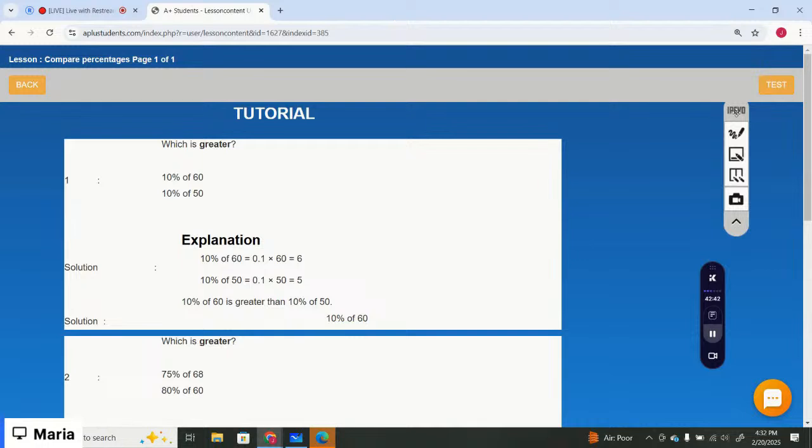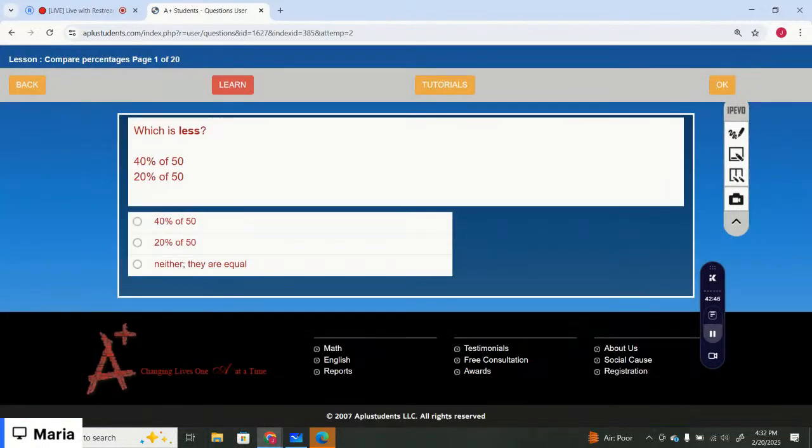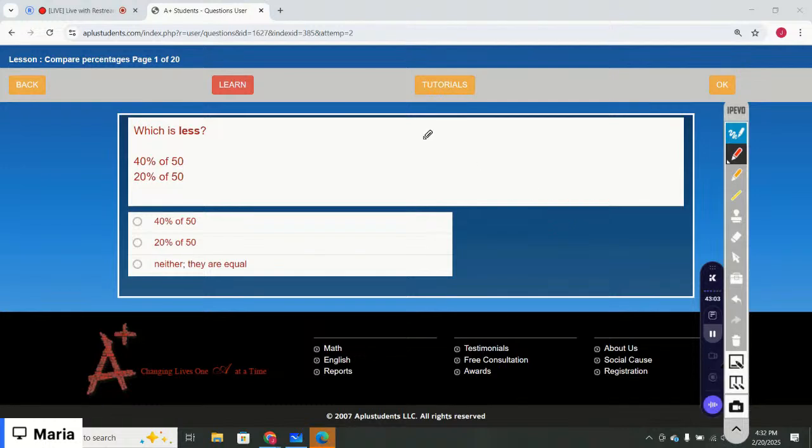Let's just start with the test questions. Which is less, 40% of 50 or 20% of 50? Let's just evaluate 40% of 50, right?